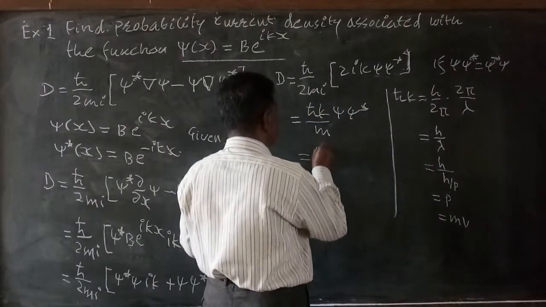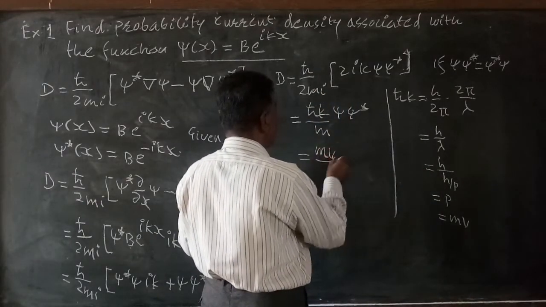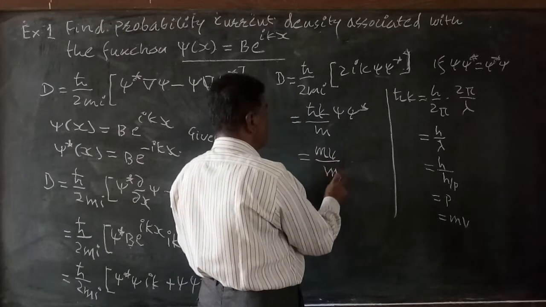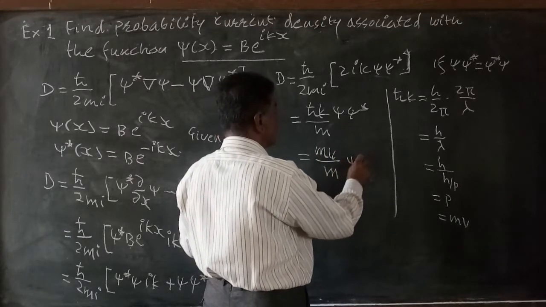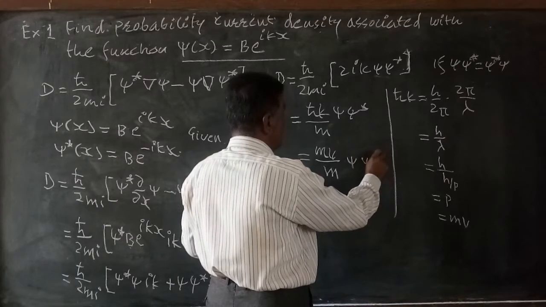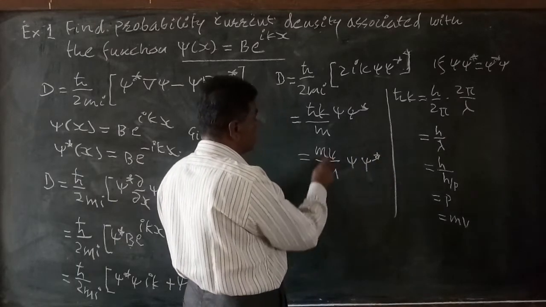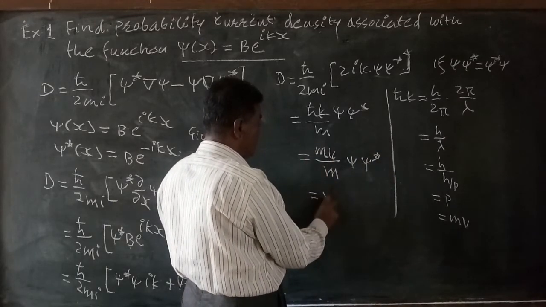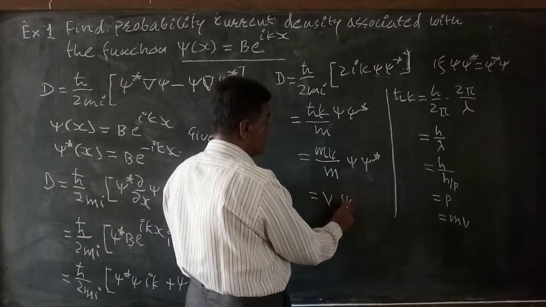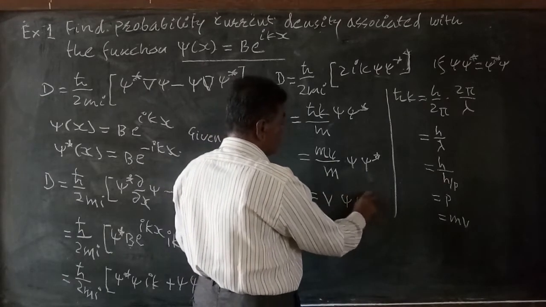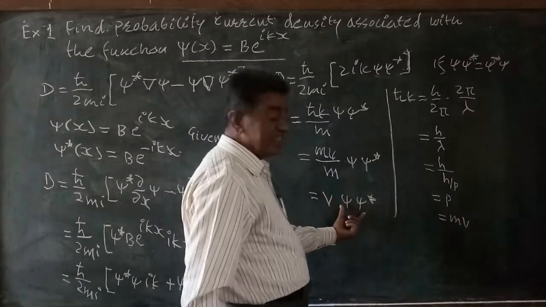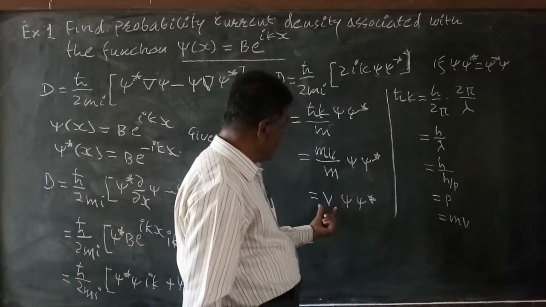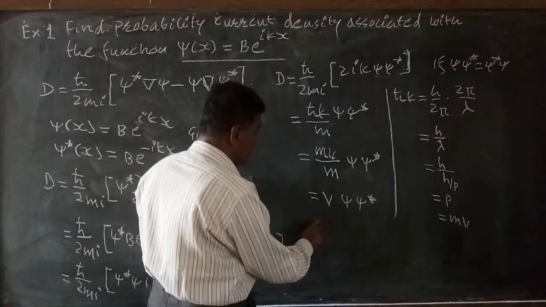So we will represent here mv divided by m into ψ star. Then the m cancels and remains ψ into ψ star. What does it represent? It gives the probability of finding the particle, while v is nothing but the velocity of the particle.